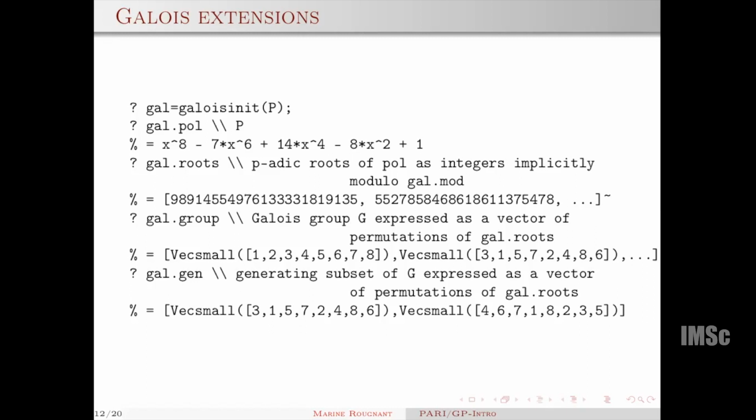And you can also have generating subsets of your group, which will be expressed with permutations of the roots also. So here, we saw that this Galois group is the direct product of two cyclic groups. One is generated by this permutation, the other one is generated by this permutation.